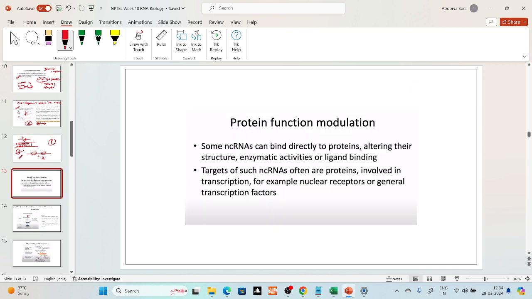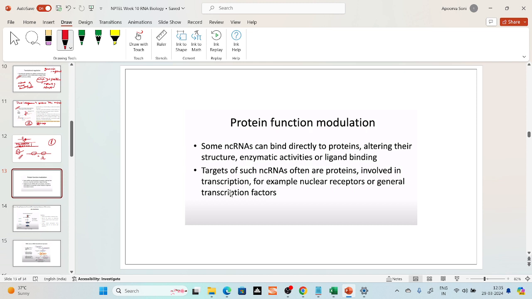Okay. Now we come to the next thing, that is protein function modulation. What is protein function modulation? Some non-coding RNAs can bind directly to proteins and alter their structure, enzymatic activities or ligand binding. And the targets of such non-coding RNAs are proteins which are involved in transcription. So basically, we know that a non-coding RNA comes and binds to RNA and then silences the expression.